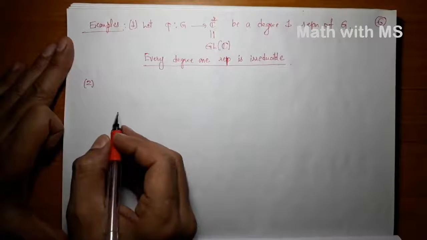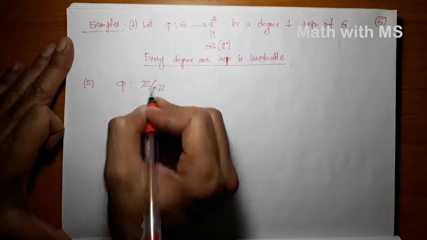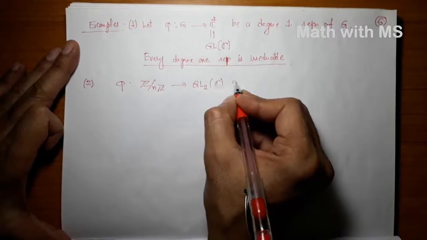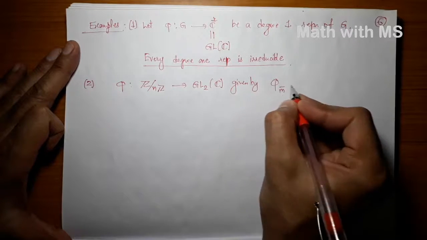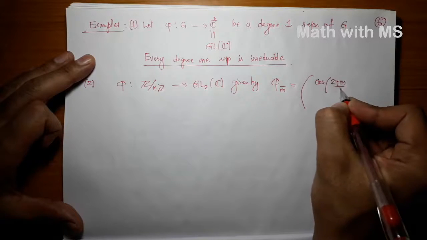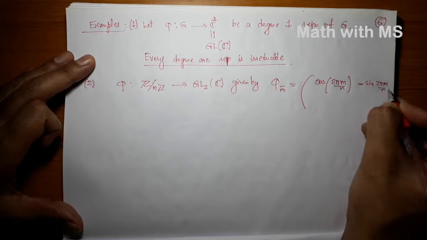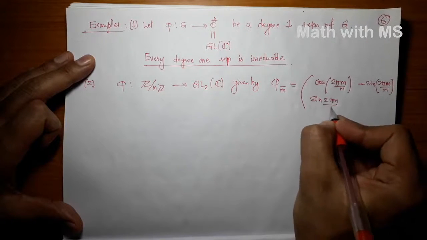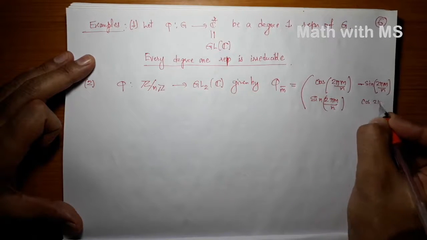Let us go back to the example that we discussed earlier. We call phi, for the cyclic group of order n, the two-dimensional representation in GL2C given by phi of m bar equals the matrix cosine 2 pi m by n, minus sine 2 pi m by n, sine 2 pi m by n, cosine 2 pi m by n.